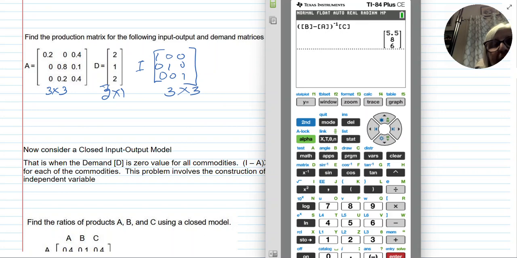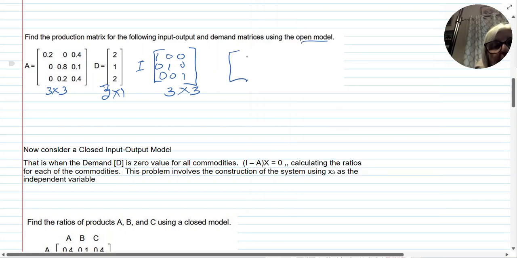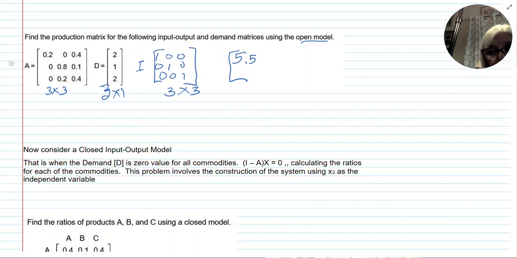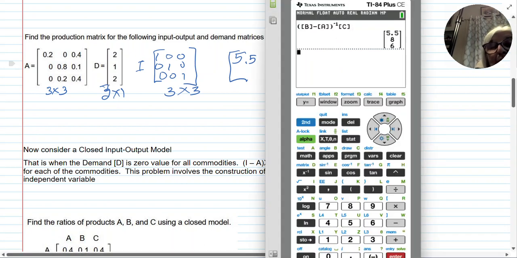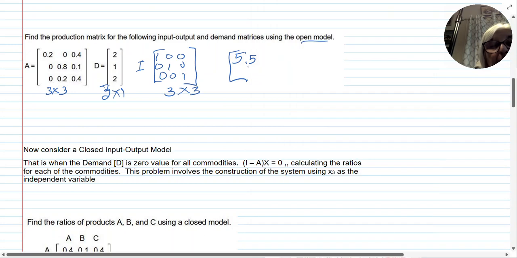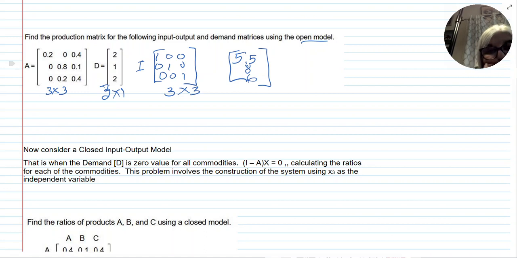So here we have 5.5, and that would be a choice of how we deal with a partial amount of something we produced. But that gives you an idea of optimization for demand.